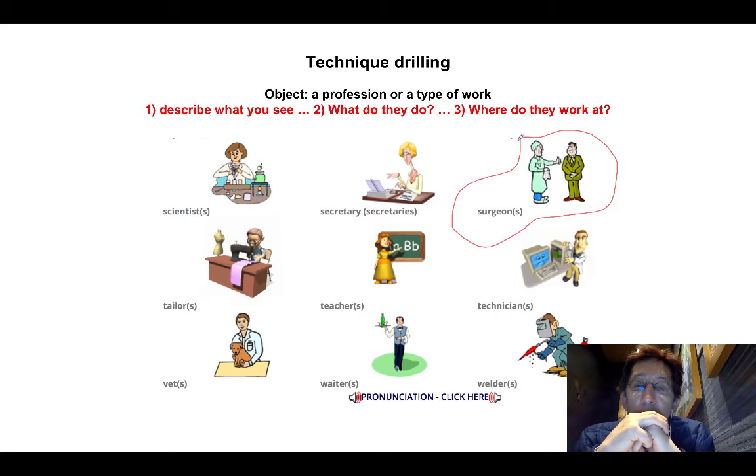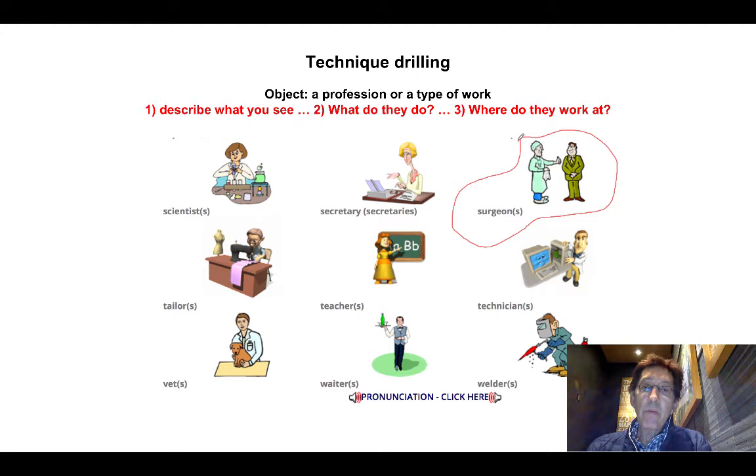Good. So what type of work does this surgeon do? He does treatment for people. He opens up their bodies and fixes some wrong parts inside.